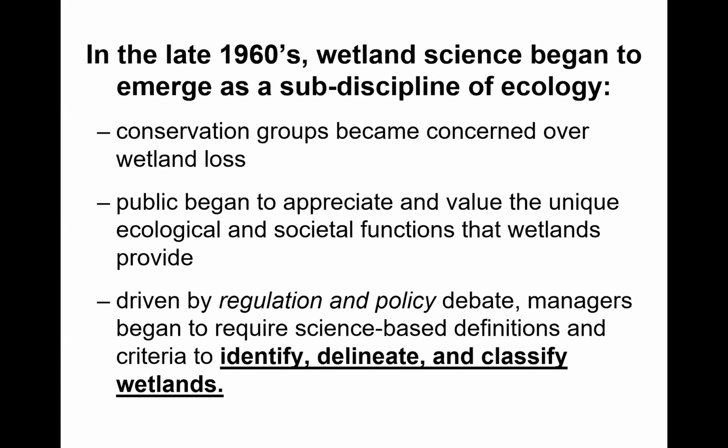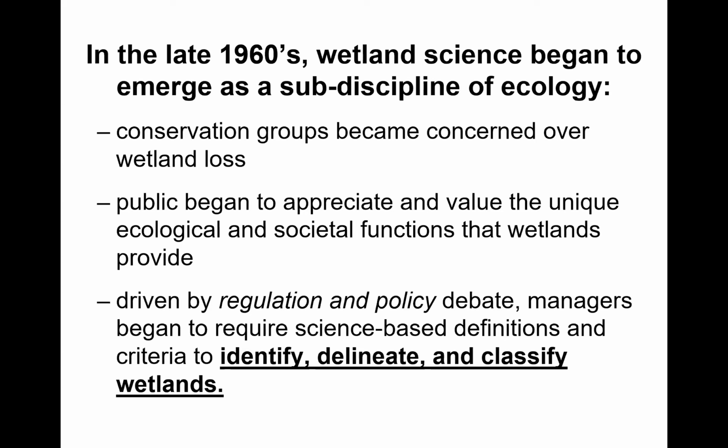So people's concept of wetlands and their feelings about them began to change largely in the 1960s. And then, in fact, wetland science began to emerge as a subdiscipline of ecology at that time. This was a time when conservation groups were becoming concerned over wetland loss. The public even began to appreciate and value the unique ecological and societal functions that wetlands provide.